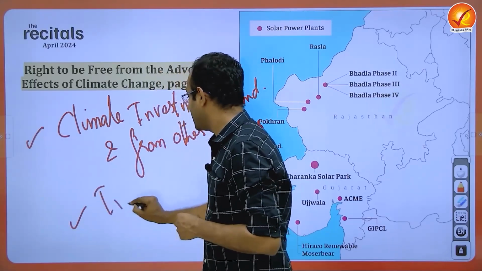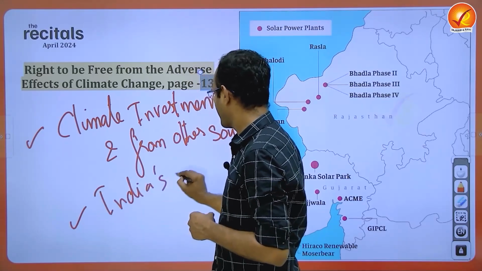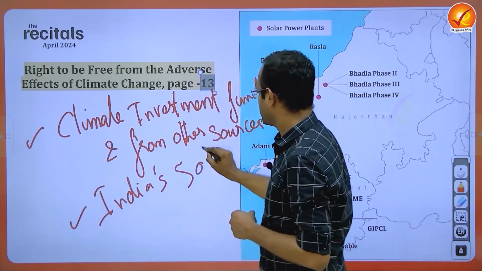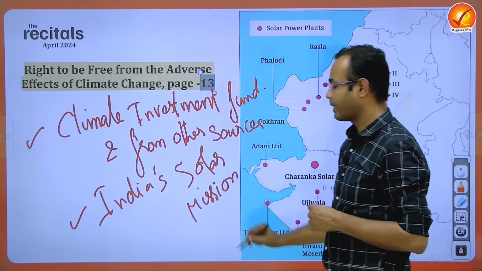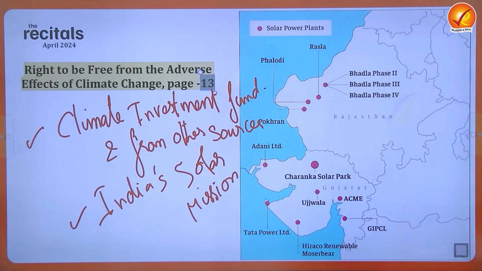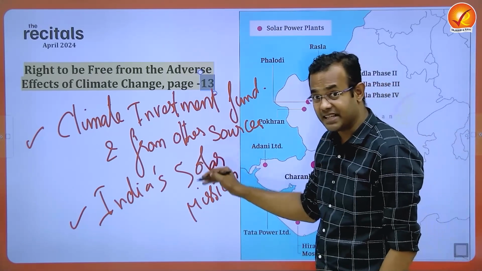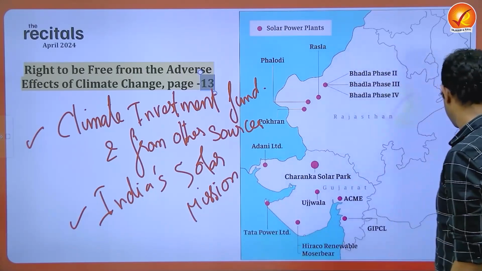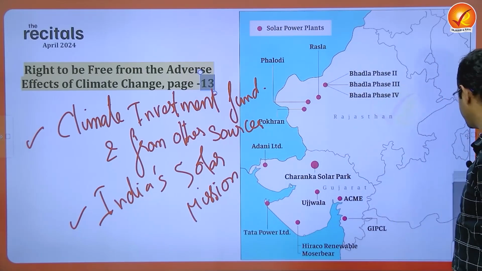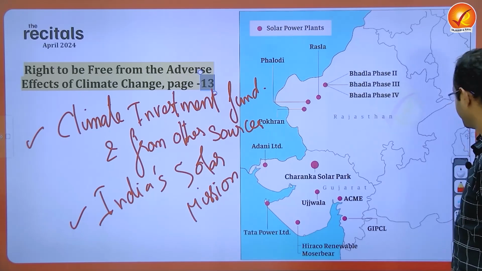This is under India's solar mission. It also helps India reduce its carbon intensity, which India agreed to in the Paris Agreement, by 33 to 35% by 2030.